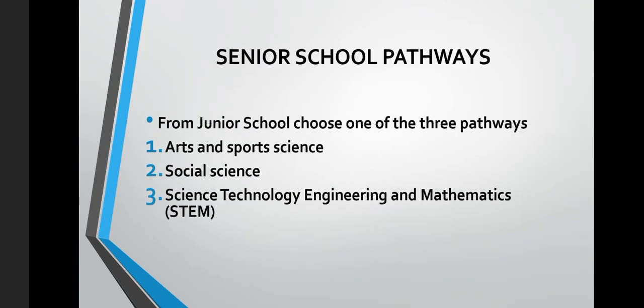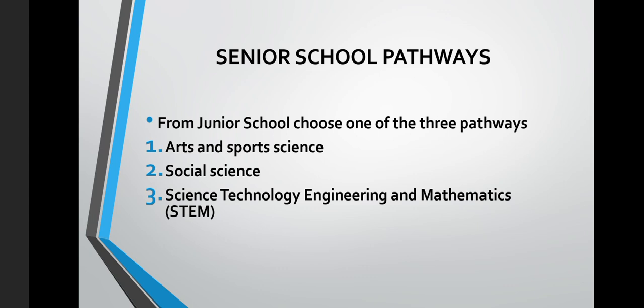Again, junior school learners, I want you to take note that you will not remain in junior school forever. When you get to grade 9, you will sit for an assessment that we call KJCA, which is a national assessment. Upon completion of that national assessment, you will be required to transit from junior school to senior school.